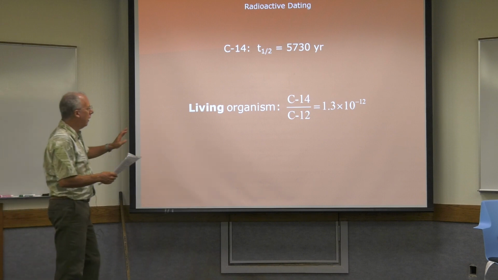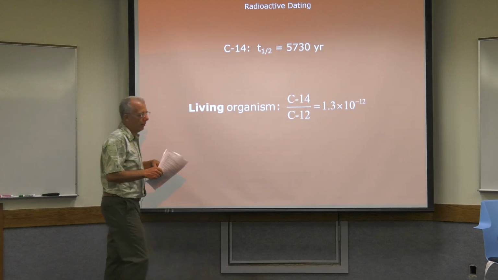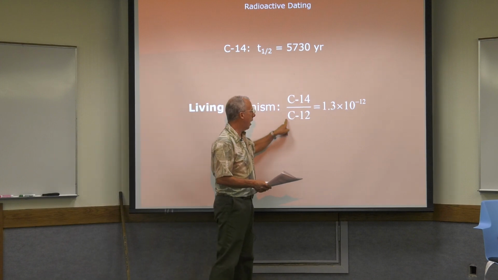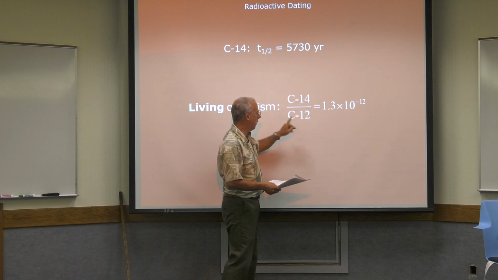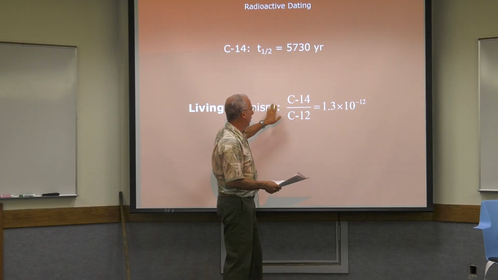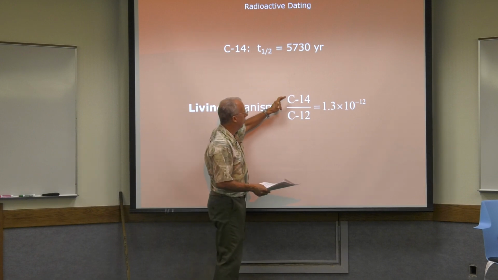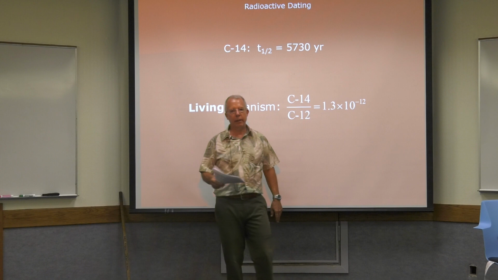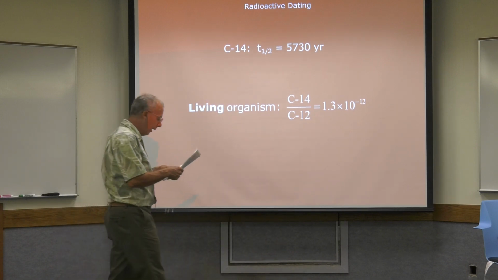All I'm saying is that carbon-14 is made in our atmosphere. So, for a living organism like us, people have measured the carbon-14 to carbon-12 ratio. Carbon-14 is radioactive, carbon-12 is not. So for a typical average living organism, this ratio, the radioactive over the normal, is 1.3 times 10 to the minus 12. Now that's pretty small, but you can easily measure it, okay?